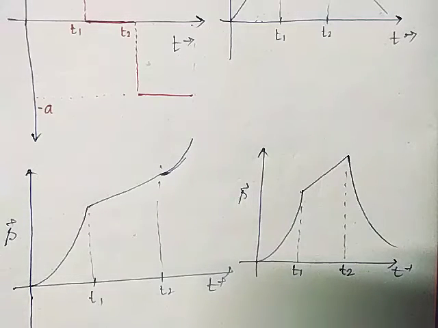If it is constant, then there will be a linear increase. If the slope is 0, there will be a linear increase. If the slope is increasing continuously at a uniform rate, then there will be a parabolic increase. That we have shown here.